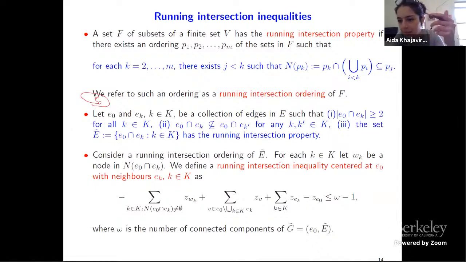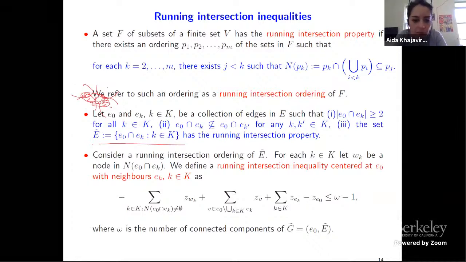That at-least-two-nodes condition you already know, because if it's one node, it decomposes and I don't care. Then the important assumption that I need: the set of intersections of the center edge with these neighbors should have the running intersection property.